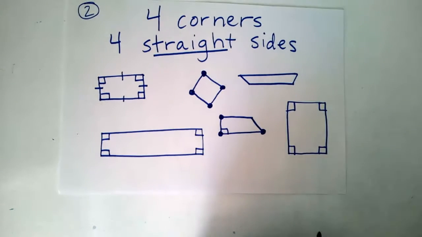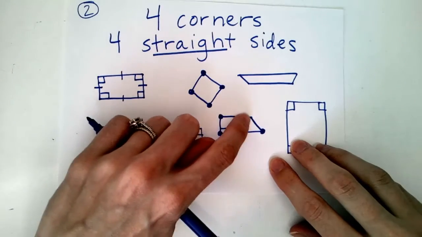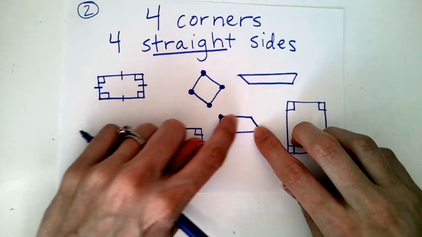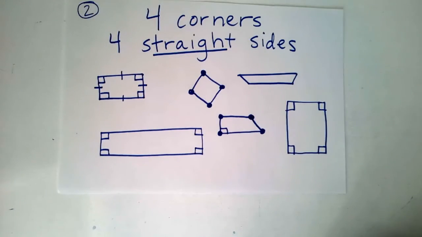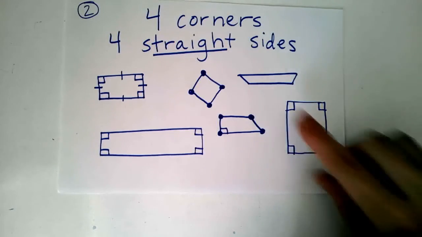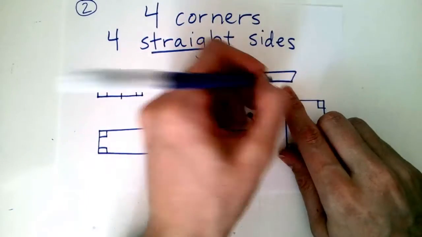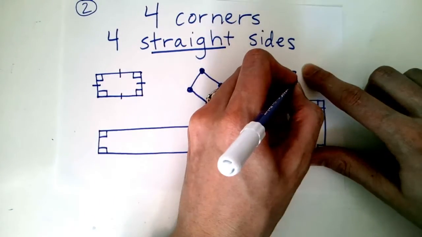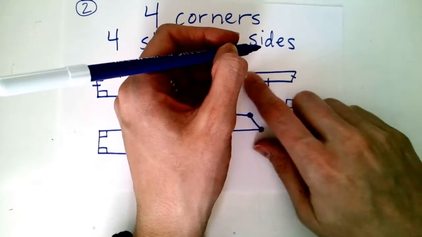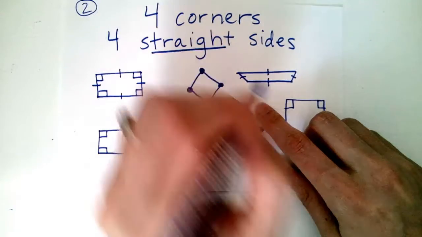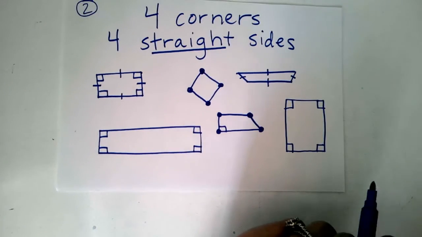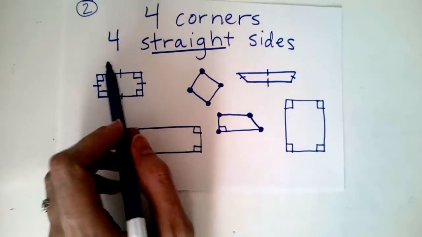Ooh, is there another spot where 2 sides meet in a corner? Look, if it's not straight, that must mean there's a corner. Right there. 4. I see 1 straight side here, 1 straight side here, that's 2, 1 straight side there, that's 3, and then this other little diagonal one there, that's 4. So they have 4 corners and 4 straight sides.